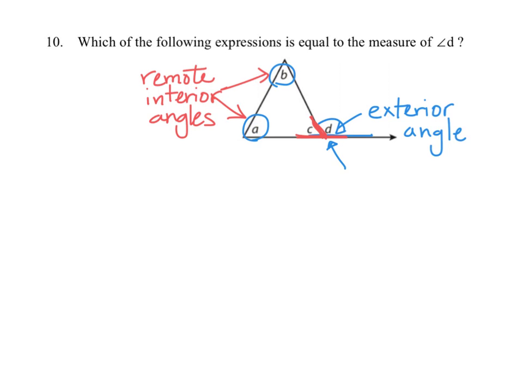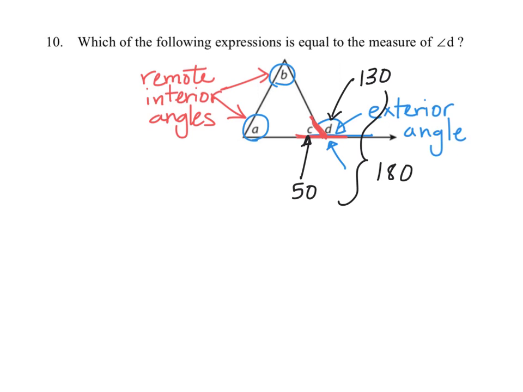A and B together, when you add them to C, will add up to 180. D, when you add it to C as well, will also add up to 180. So that is why they must add up to the same amount as D. Let's try with an example. If C were 50, then D would have to be 130 because supplementary angles add up to 180.